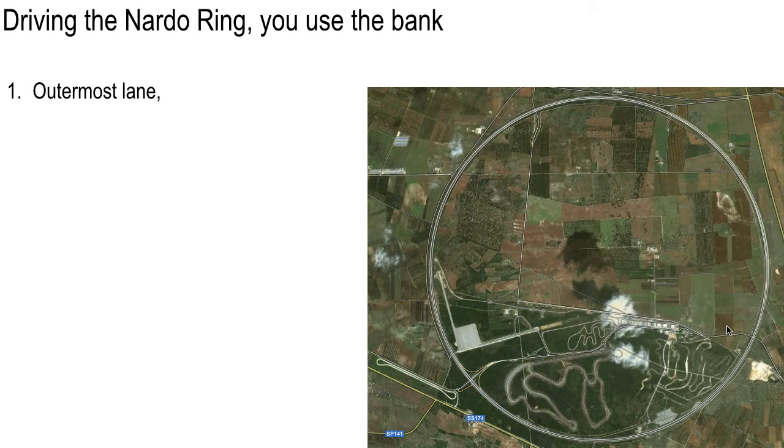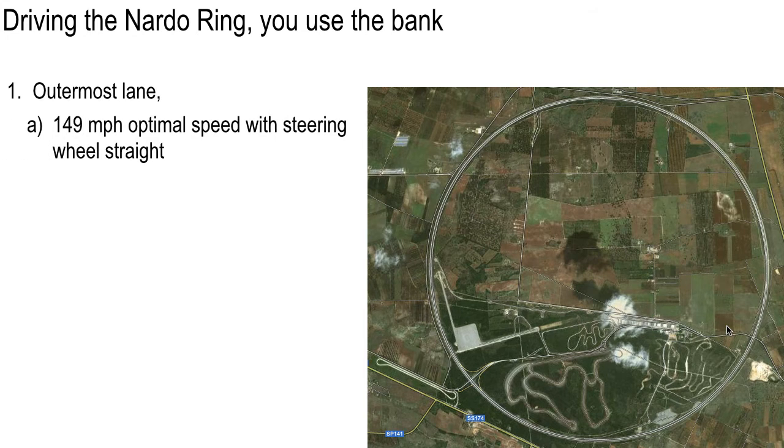Now, last time we talked about the Nardo Ring, and let's go through the specs for the Nardo Ring. And this is a view from space. It's from Google Maps. The outermost lane of the Nardo Ring is banked at a certain angle, and in that decision they optimized it for 149 miles per hour.